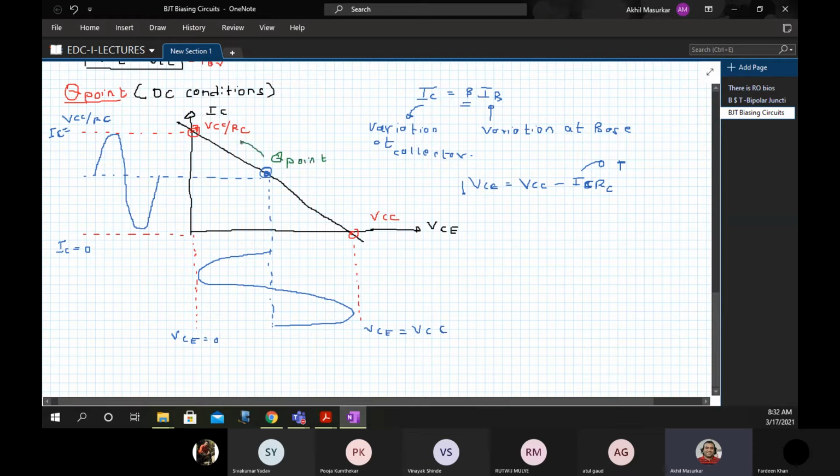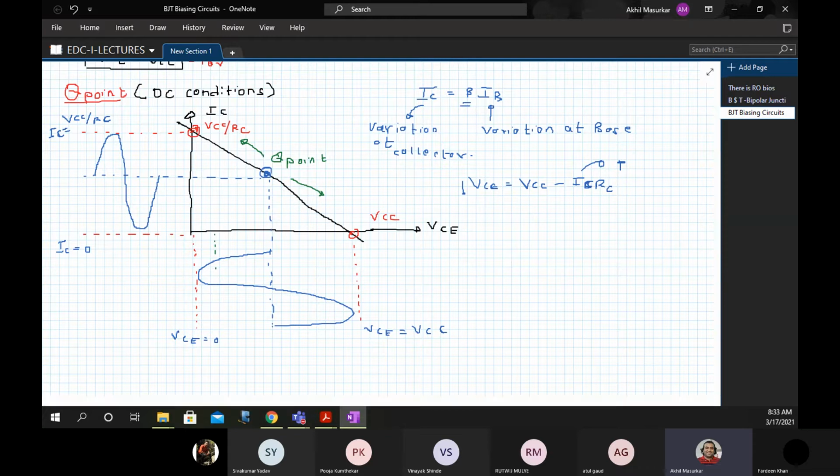If the Q point moves on this side, the lower part will get clipped off. If the Q point moves towards VCC, then the upper part will get clipped off. So it is important to have the Q point somewhere at the center of the DC load line.